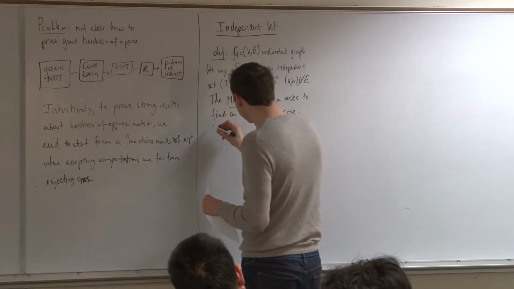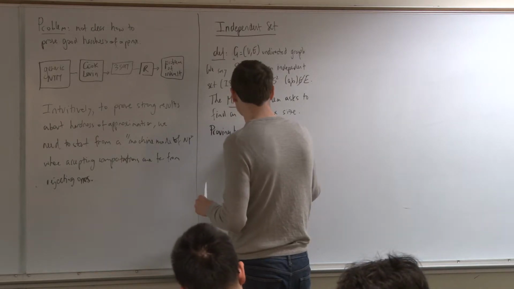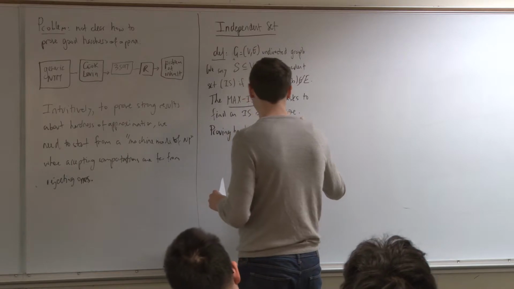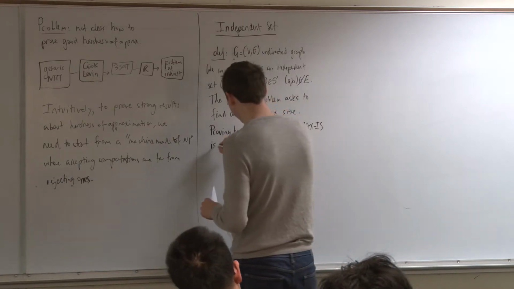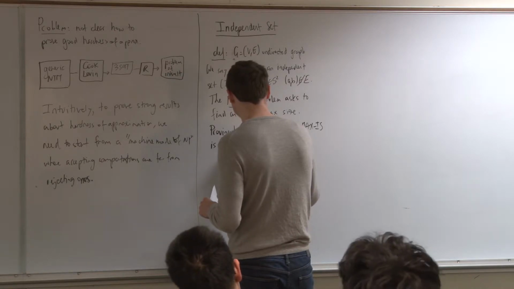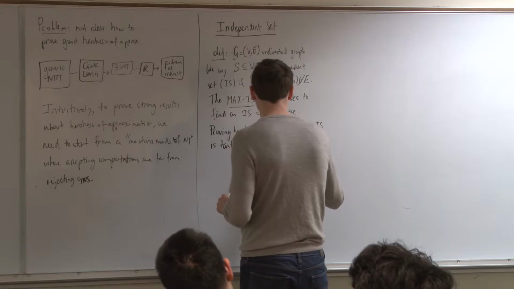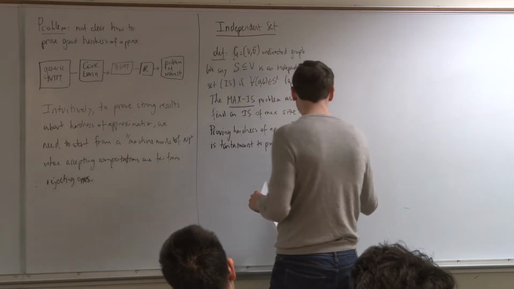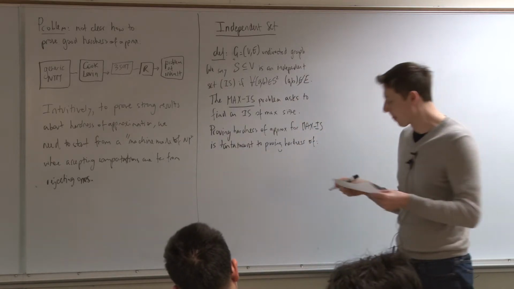Now, proving hardness of approximation for max independent set is tantamount to proving hardness of, we're going to be seeing gap problems, okay?